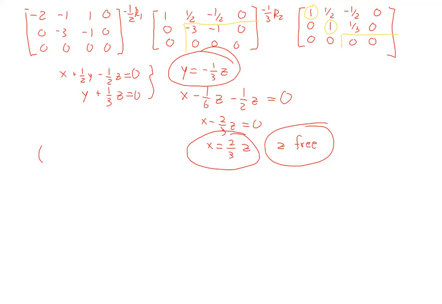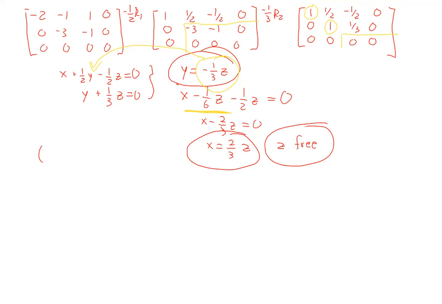I'm trying to see what you did after you label. Once you know that y is equal to negative 1/3 z, you pretty much take this thing and put it in the place of y. And when you put it in the place of y, you get negative 1/6 z. And then you just isolate it. Okay? Okay, that makes sense now.